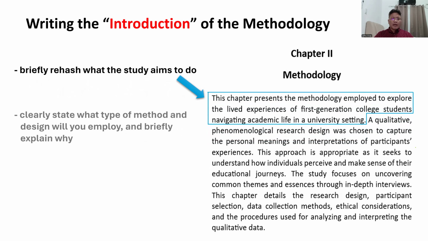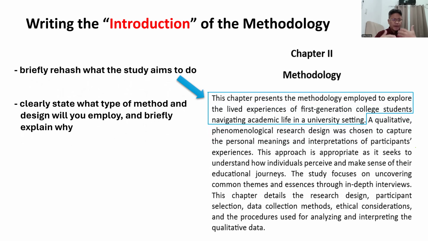And then after rehashing the research goal, we need to clearly state what type of method and design you will employ, and then briefly explain why. For example, the second sentence reads, a qualitative phenomenological research design was chosen to capture the personal meanings and interpretations of participants' experiences.